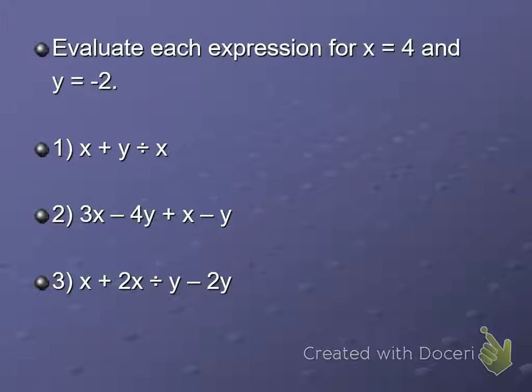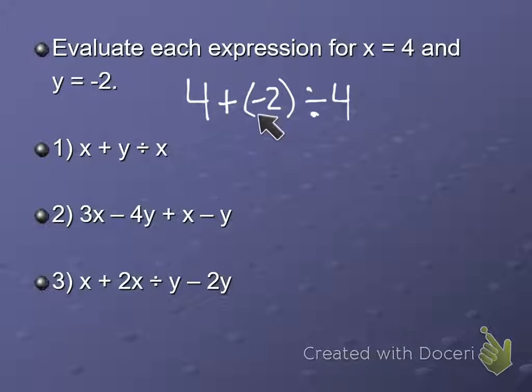So our first step to evaluate is going to be to substitute in the values for our variables, and then we'll simplify it using our order of operations. So I'm first going to rewrite number 1, plugging in 4 for the x's. So 4 plus, and negative 2 for the y.